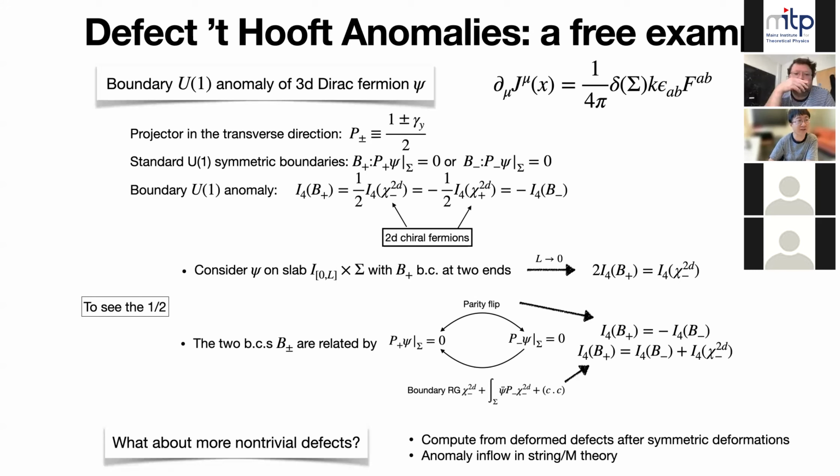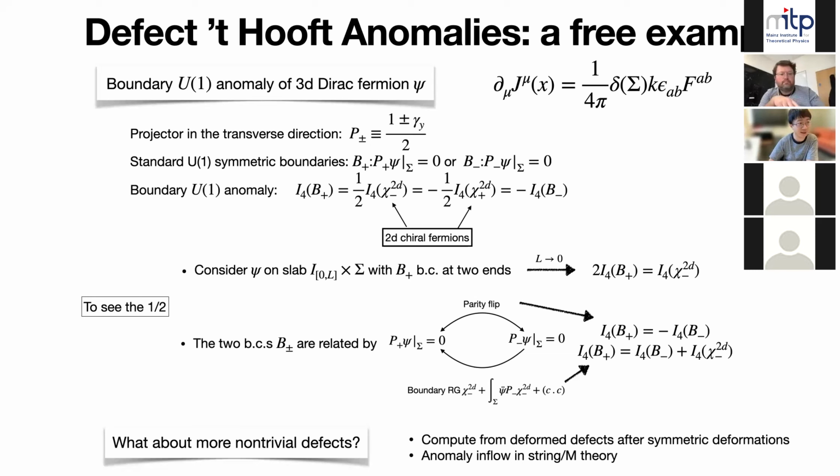So you have half of the anomaly compared to a local two-dimensional chiral fermion of plus and minus helicities. There are various ways to see the half, but I will not have time to explain them. I just want to show you this very simple example where the anomaly can be understood from Feynman diagram computations.